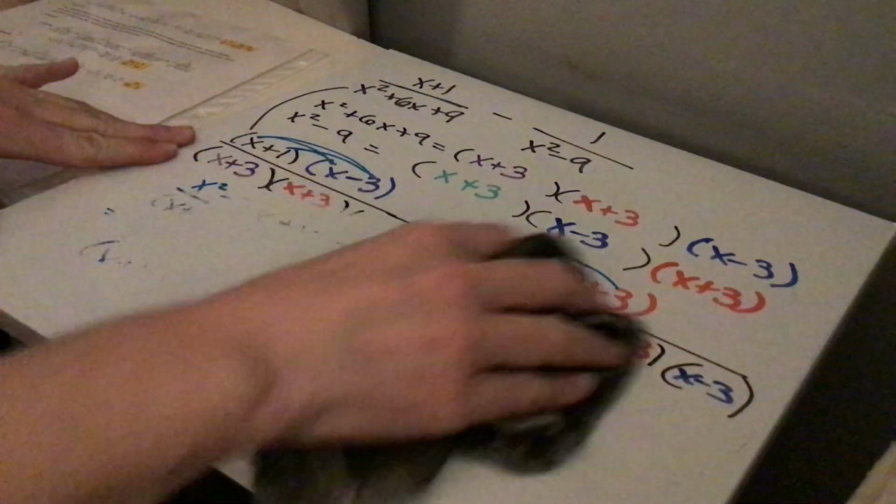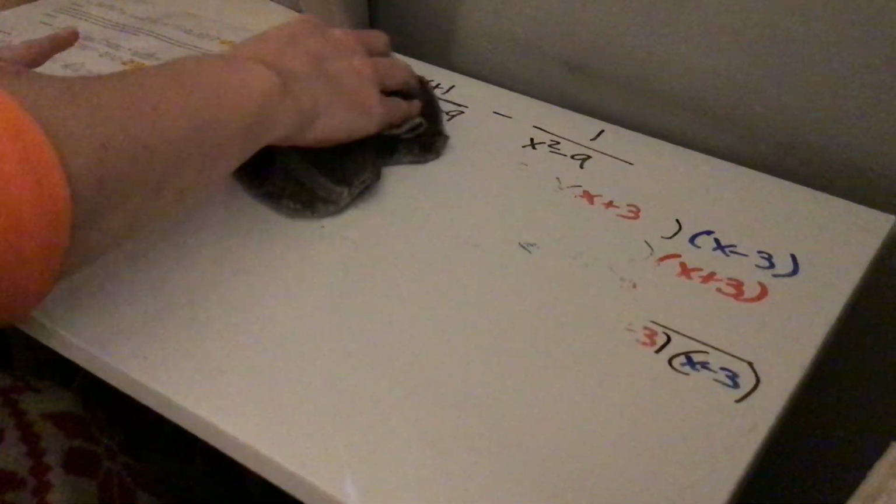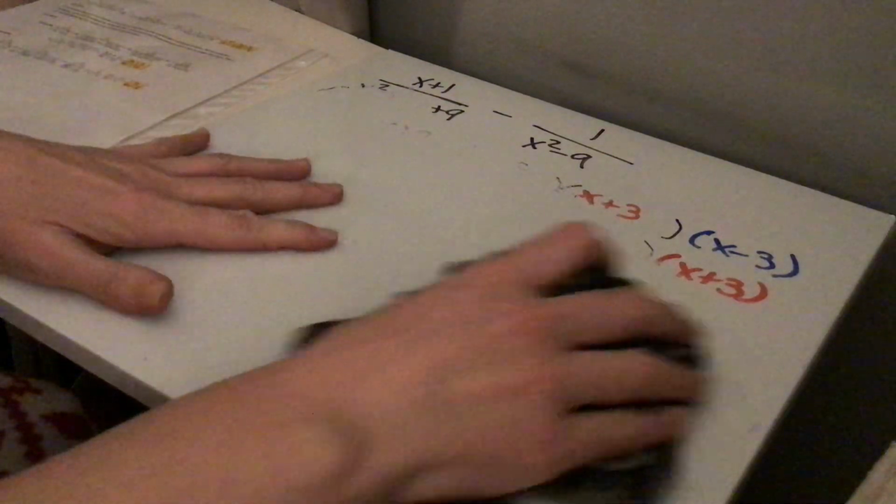Okay? All right. Second part of 9.5 is complex fractions. A complex fraction is kind of exactly what you're thinking. It is a fraction, and then it's got another fraction in it. So it's not just 1 over 2. It's complex. It's a fraction within a fraction.